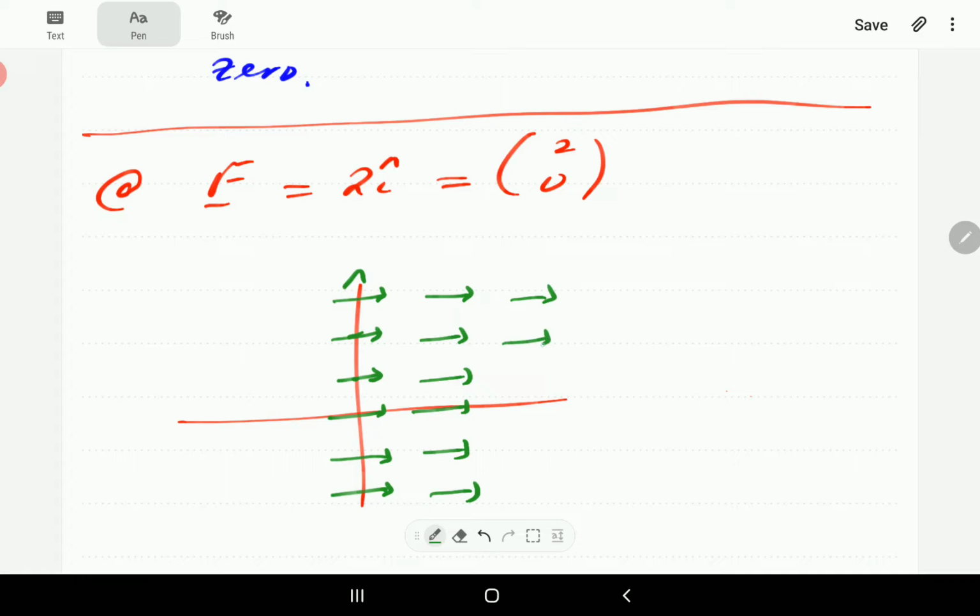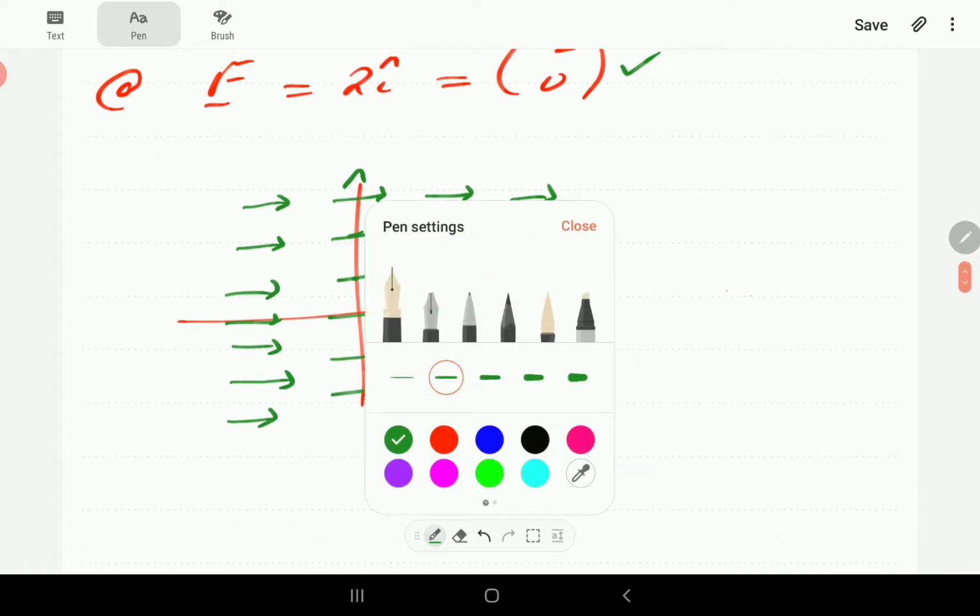This is going to be a constant flow in the x direction. The magnitude of each of these is going to be 2. So that's going to be the shape of this vector field.